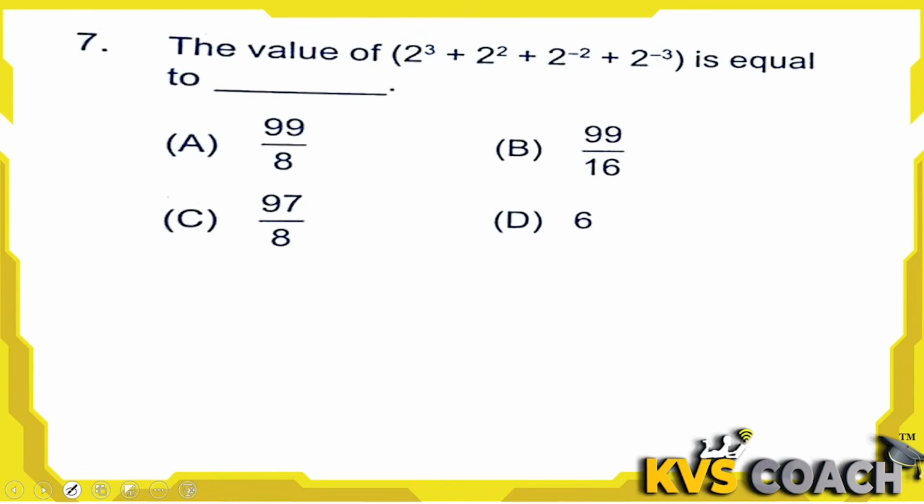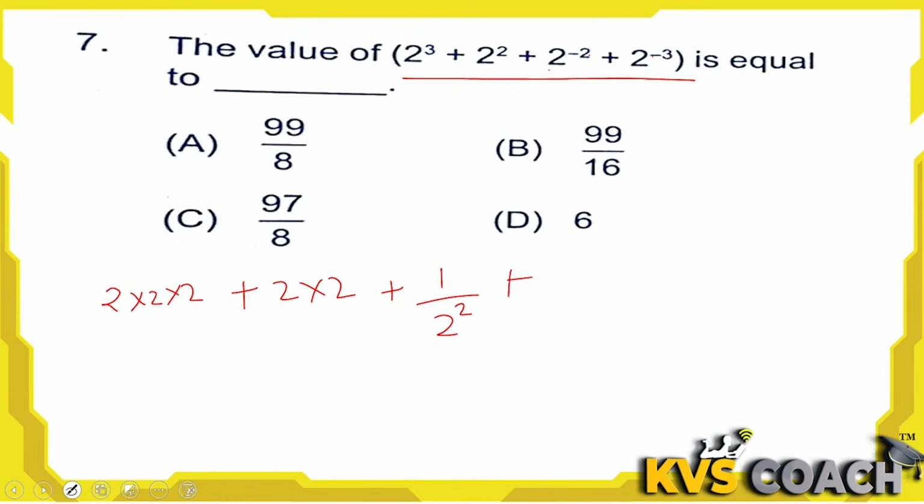Next question is, the value of 2 cube plus 2 square plus 2 to the power minus 2 plus 2 to the power minus 3 is equal to what? Let's do this. 2 cube means 2 into 2 into 2, 3 times, plus 2 square, 2 into 2, plus 2 to the power minus 2. It means how can we change it into plus 2? That is in the division, 2 square.